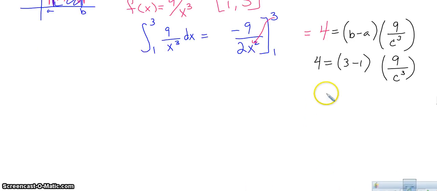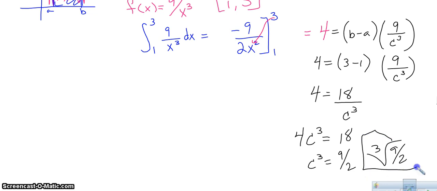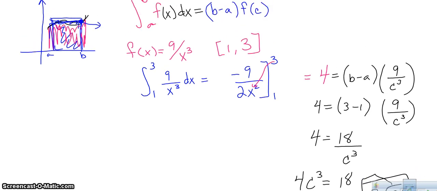Then you just do some algebra, and you get 4 equals 18 over c cubed. So 4c cubed equals 18, so c cubed would equal 9 halves. And then you take the cube root of 9 halves, and that is where the height of the rectangle would be.